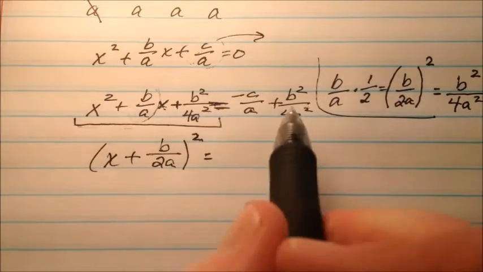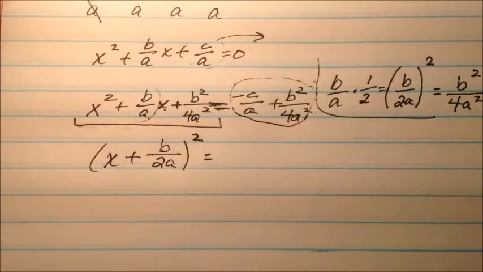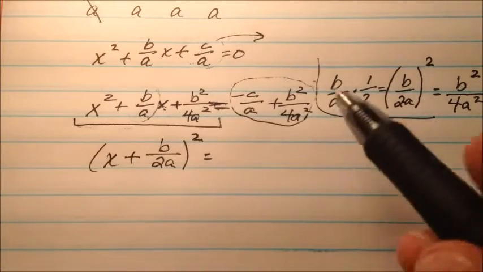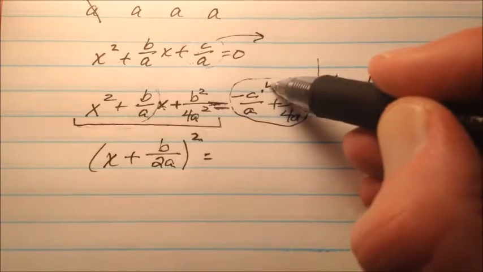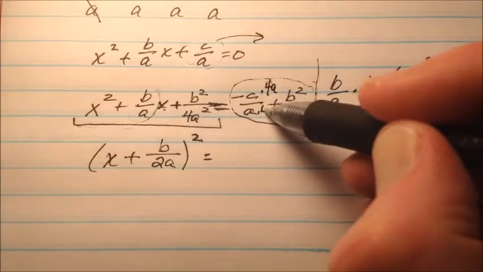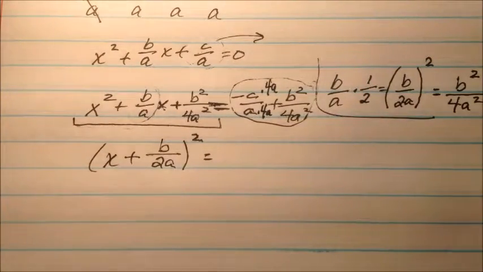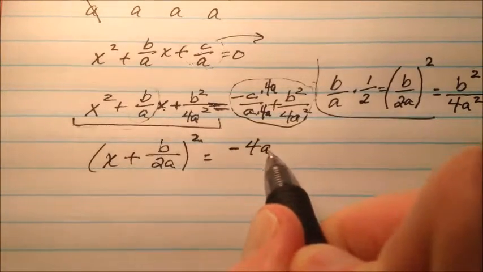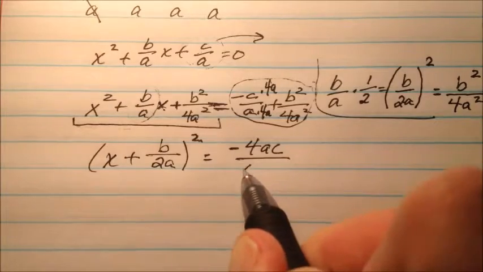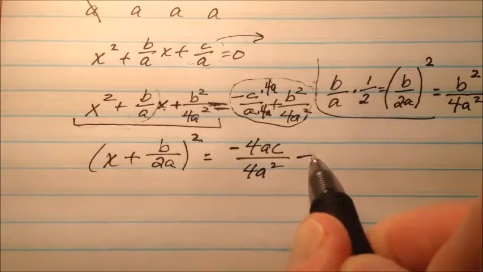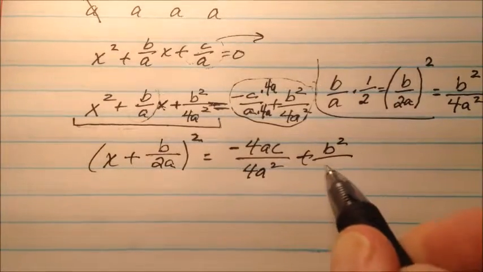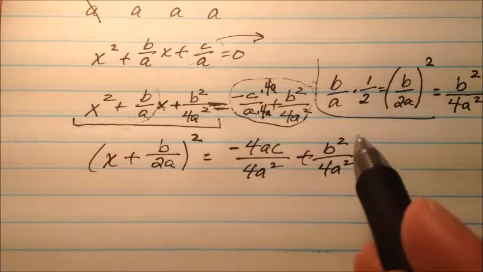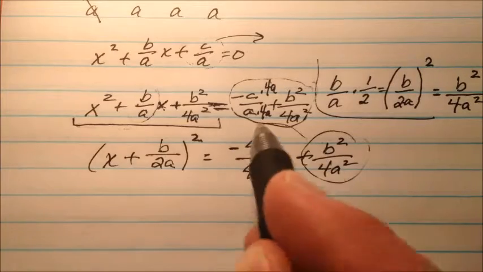Okay? So then on the right side now, we're just going to get common denominators of 4a squared. So we'll multiply the top and bottom by 4a. And when we do that, I'll have a negative 4ac over 4a squared, and then plus b squared over that 4a squared. I'm actually going to go ahead and turn these around, so I'll take this term and put it in front.